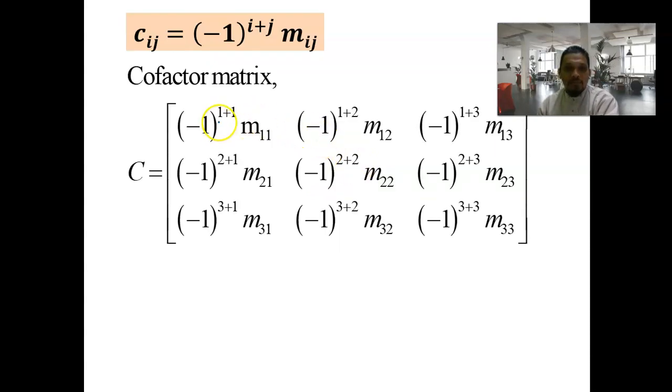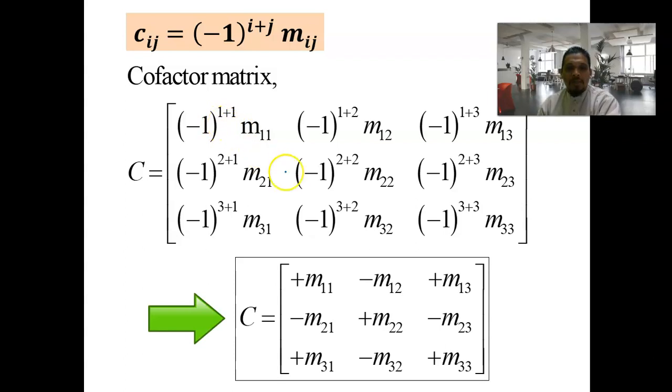And for the cofactor, we can see the pattern of this. Negative 1 to the power of 1 plus 1 equals 2. If i plus j, the power, gives you an odd number, then it gives you the result with a negative.